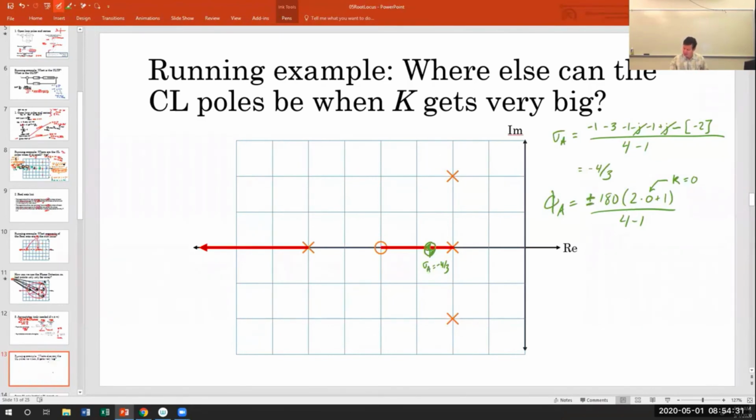So this looks like 180 times 1 over 3, which is plus or minus 60 degrees. So this means that from the center of mass, there will be asymptotes, which are straight lines drawn at 60-degree phases and minus 60-degree phases.